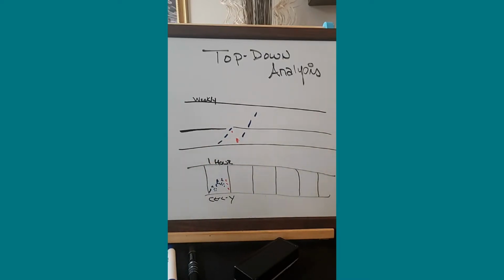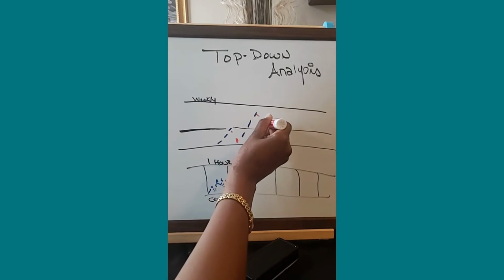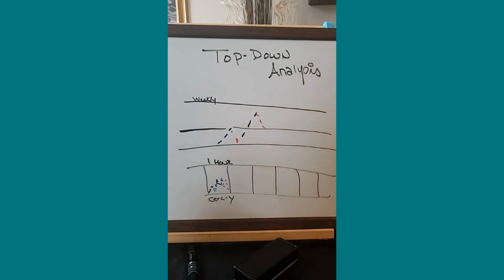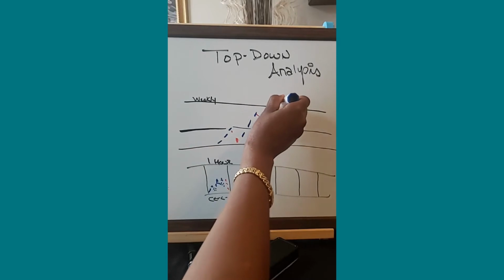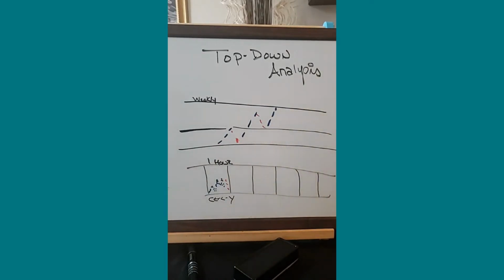I'm not saying this for you. You can do this when you have been trading for some time, because this is going against the grain. The grain is an overall uptrend. But I am trying to show you how I do my top-down analysis and why I do it this way.